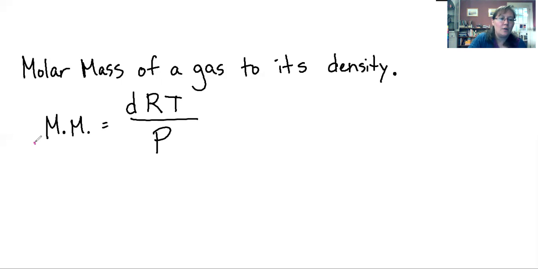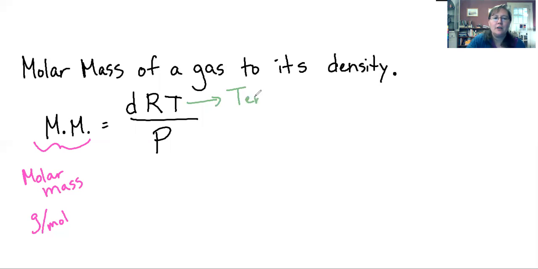So this MM is molar mass, and it's going to be in grams per mole. And our T is, of course, temperature in Kelvin. And our R, we know, is always at this point 0.08206.